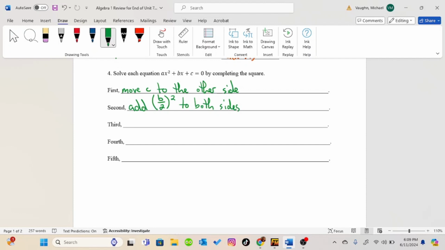Third, write the left side as a perfect square.